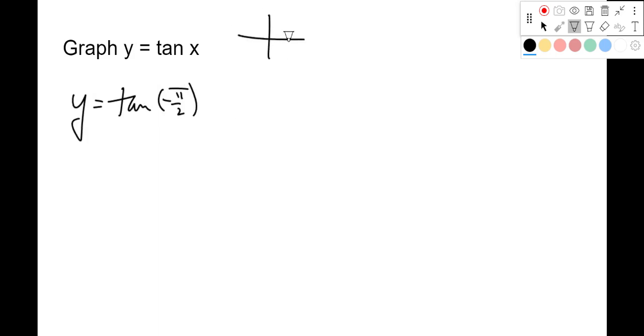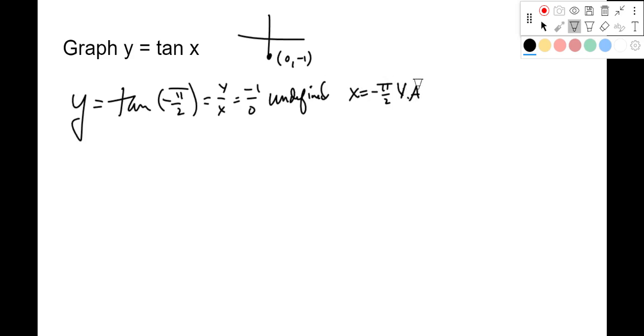Negative pi over 2 would mean to go clockwise down to this point. This point is the point 0, negative 1. Tangent is the y-coordinate over the x-coordinate for the ratio. We got negative 1 over 0. That's undefined. So at negative pi over 2, there's going to be a vertical asymptote on our graph.